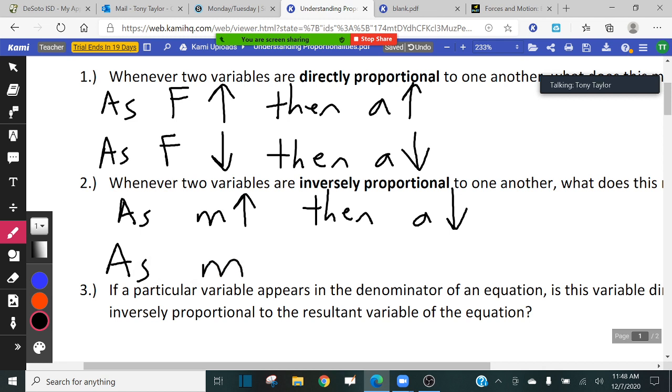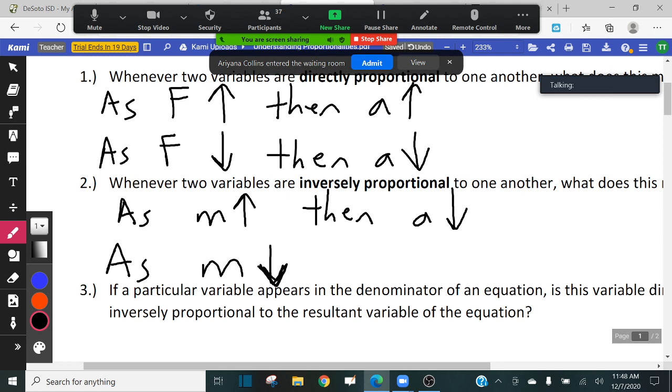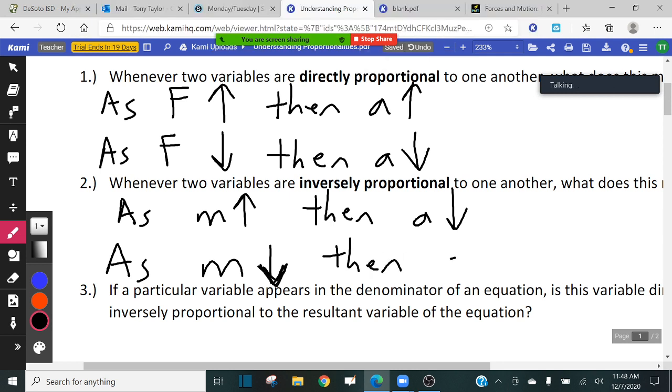But as mass decreases, then acceleration increases. So guys, go ahead and write that out. As mass decreases, then acceleration increases. Again, guys, we're going to do the first 10 together. The remainder you're going to do on your own.